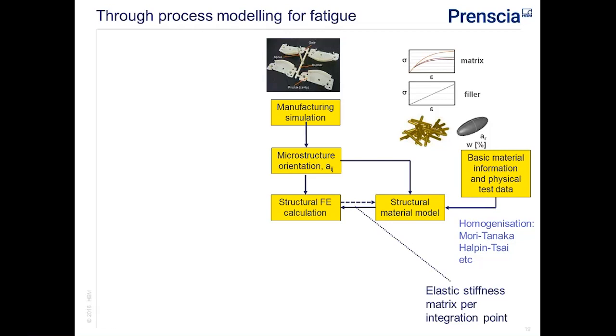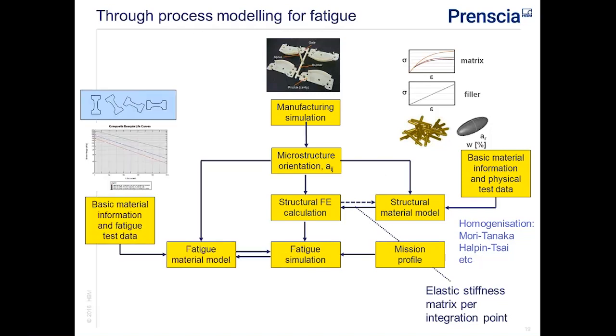So all this has to happen before it gets to nCode. This is where we come in and we start to do our fatigue simulation. We add in the mission profile or duty cycle, in other words, the applied loads. And we also need to plug in a fatigue material model.